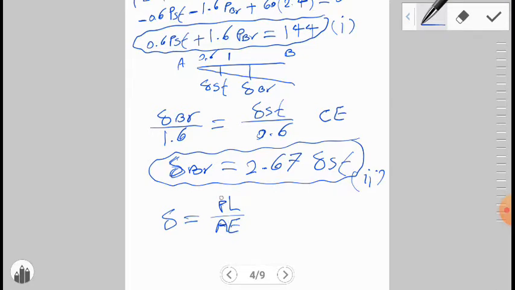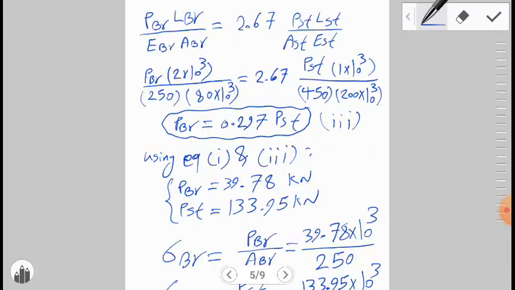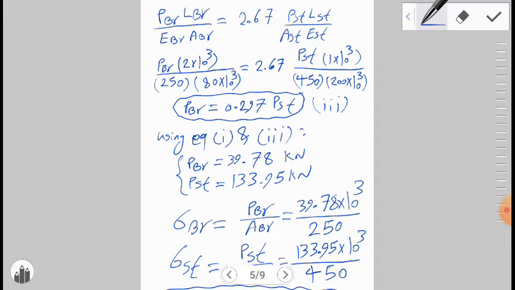If we put this inside equation number 2, we can write P_BR L_BR divided by A_BR E_BR is equal to 2.67 P_steel L_steel divided by A_steel E_steel. Finally, we find equation number 3. Using equation number 1 and number 3, we have two equations, two unknowns, and can simply find P_BR and P_steel.